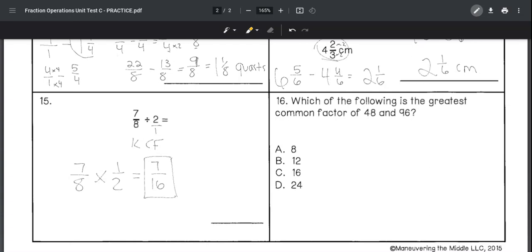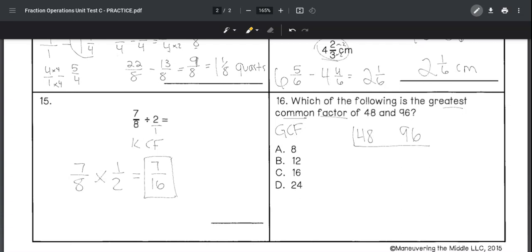All right, last one. Which of the following is the greatest common factor of 48 and 96? Okay, this one, bear with me. I'm going to use the ladder method for GCF. So I've got 48 and 96.